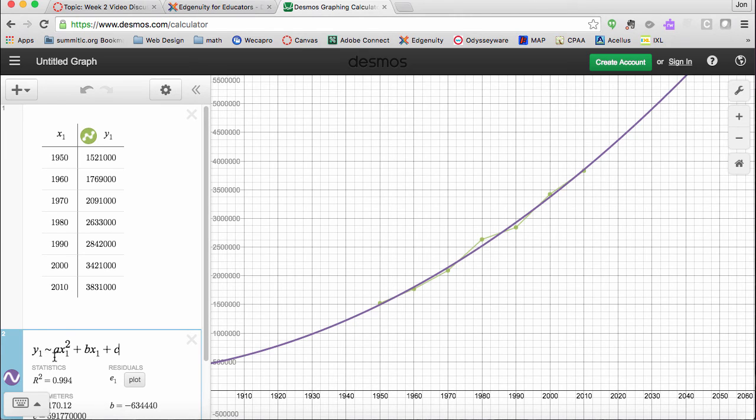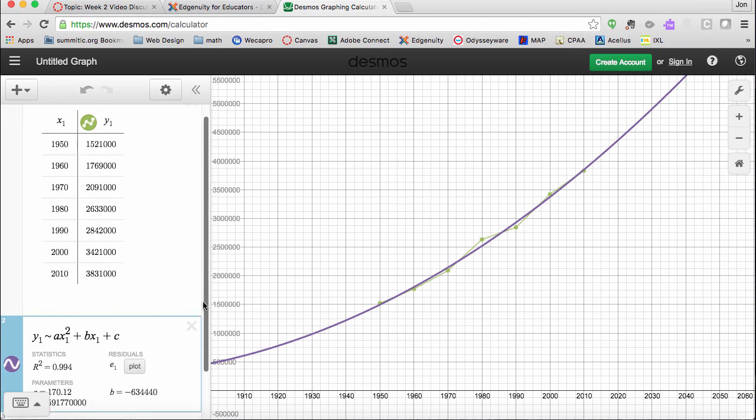Now we've got a general form for a quadratic, and we're going to see how well this thing fits. Well, if you look, there's my parabola, right? It's definitely curved, and this thing looks like it fits pretty darn good as well, huh? I like it. It's interesting.